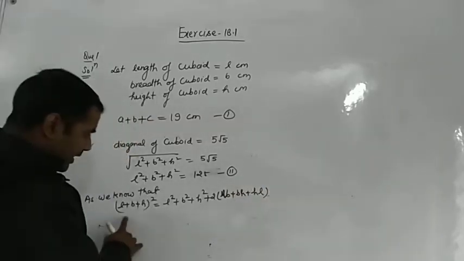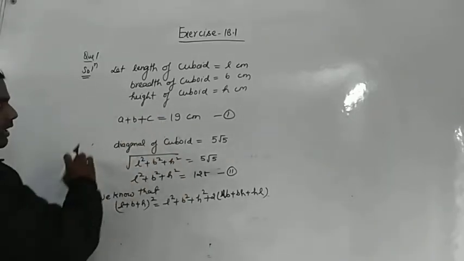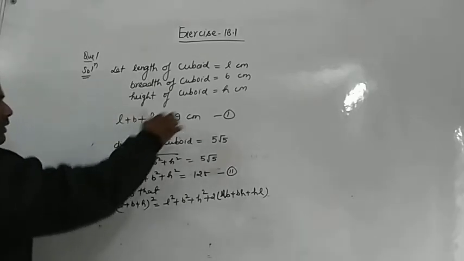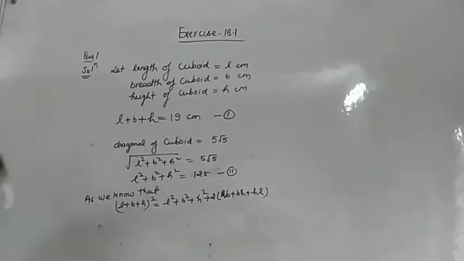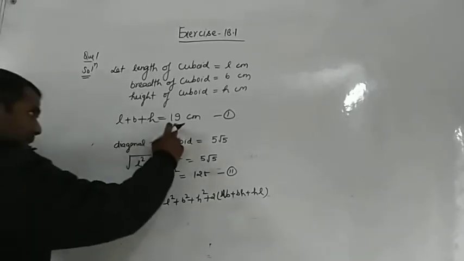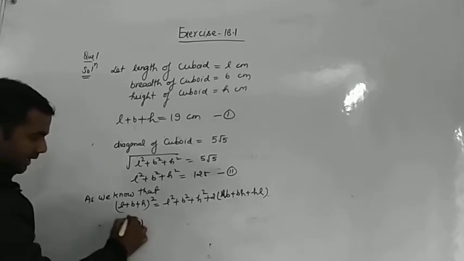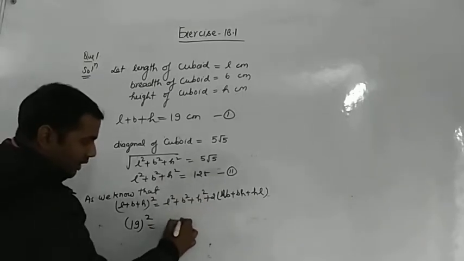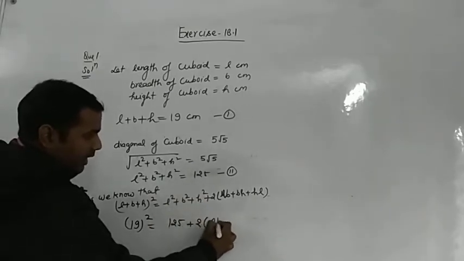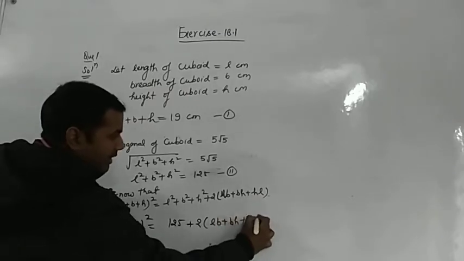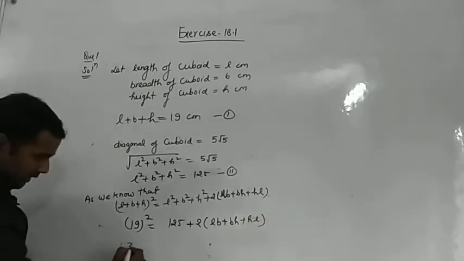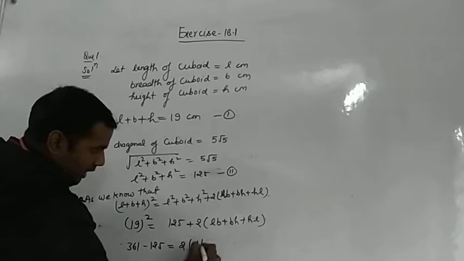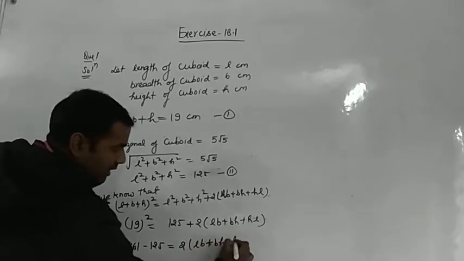Now put these values of equation 1 and 2, write L plus B plus H in place of A plus B plus C, because length, width and height are L, B, H. Now put the value: 19 square is equal to L square plus B square plus H square, the value 125, plus 2 times LB plus BH plus HL. Now 19 square is 361 minus 125 is equal to 2 times LB plus BH plus HL.